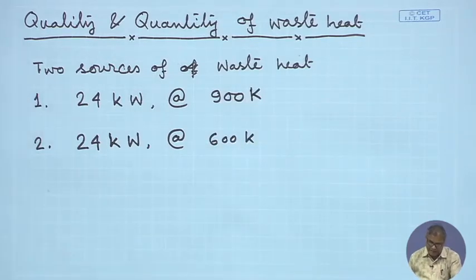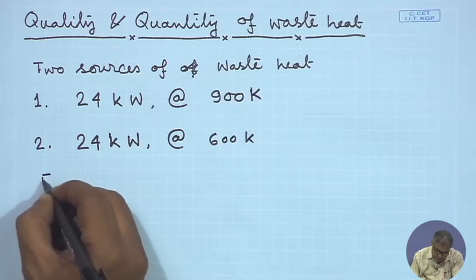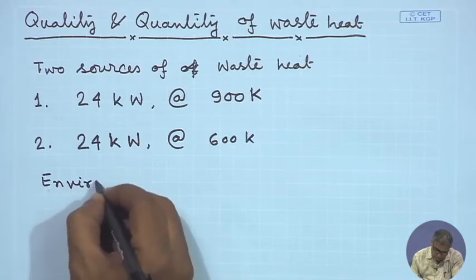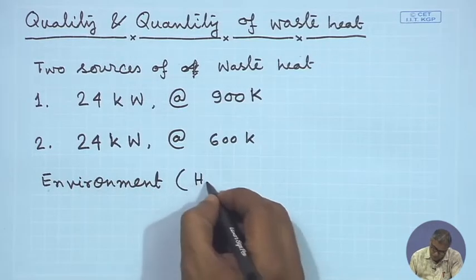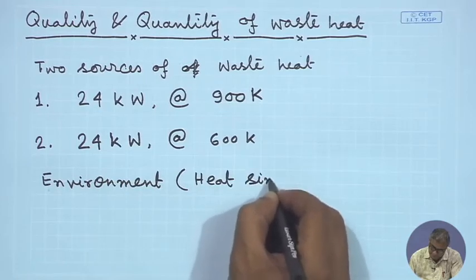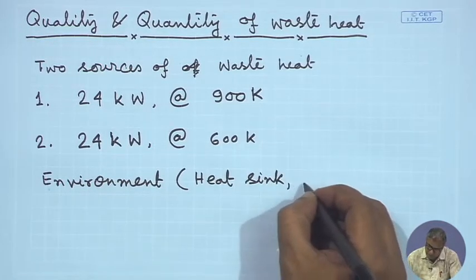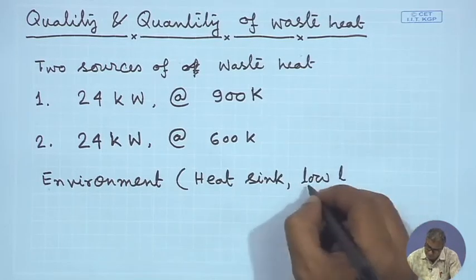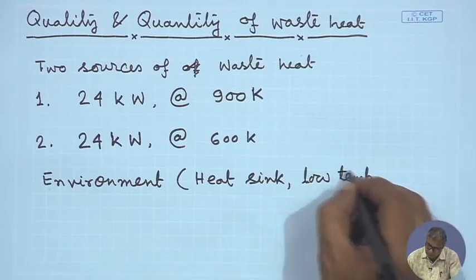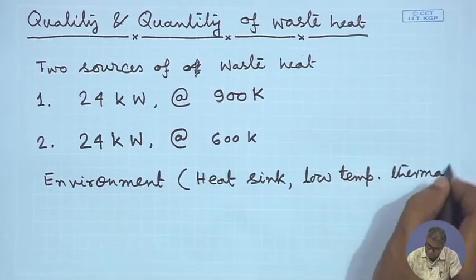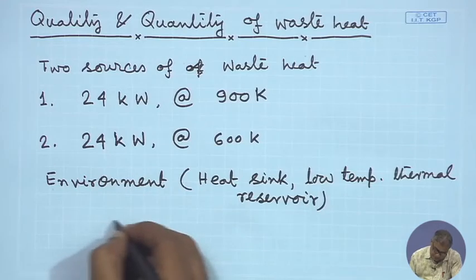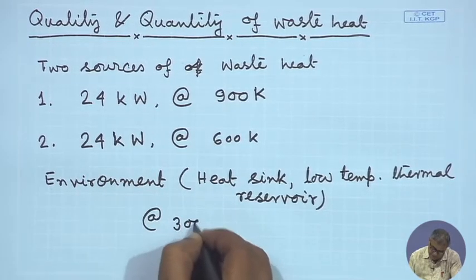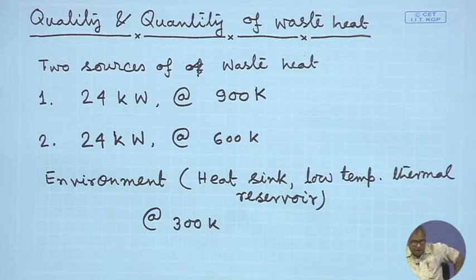And then the environment, we can call it the heat sink, or the low temperature thermal reservoir, that is at 300 K. So, this is what is available.